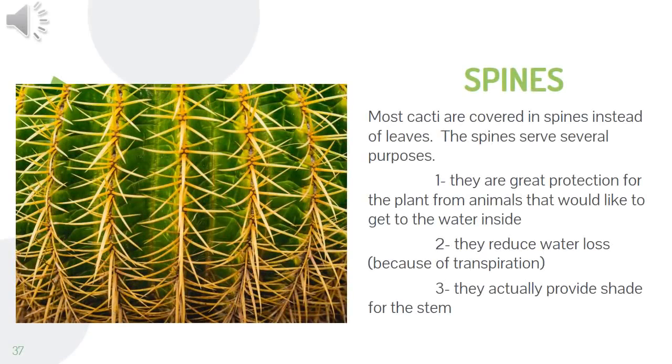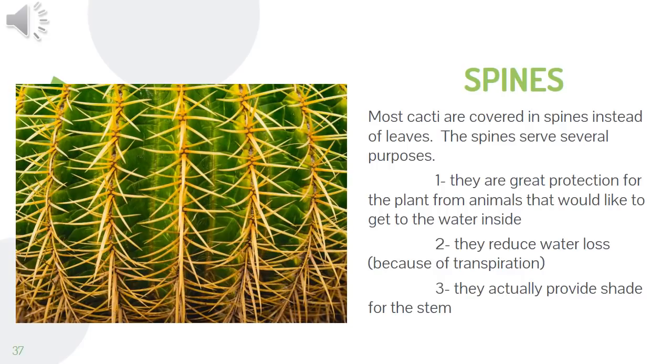Spines are a really easy adaptation to see. Most cacti are covered in spines instead of leaves. The spines serve several purposes. In the first place, they're great protection for the plant from animals that would like to get to the water that's stored inside of the plant. For the second reason, they reduce water loss. Just like the pine needles on the trees in the taiga, instead of leaves, these plants are going to have spines, so we're even reducing the water loss even more.